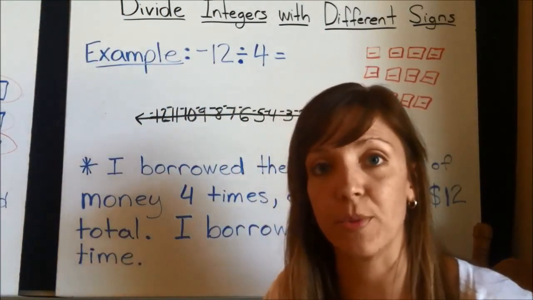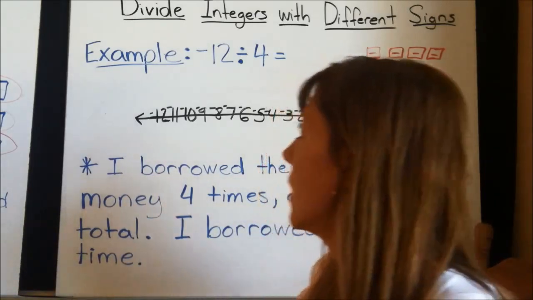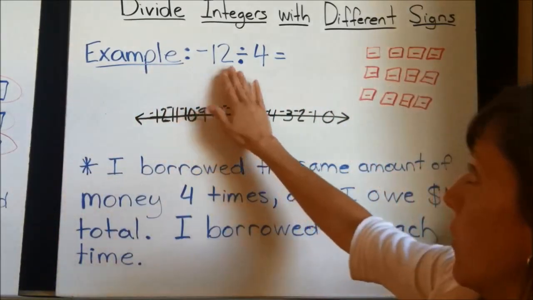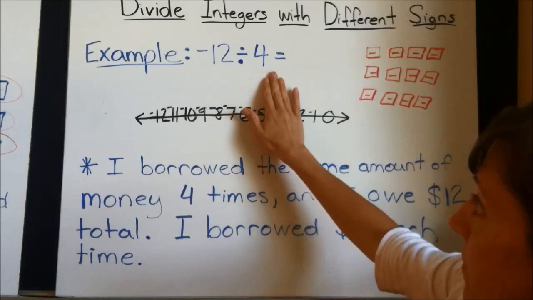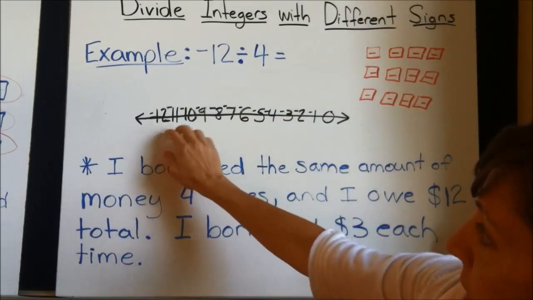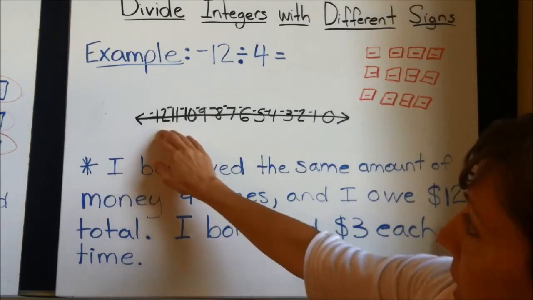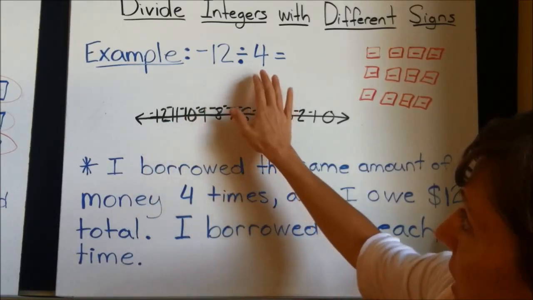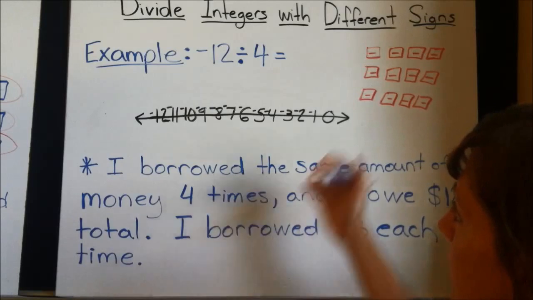When you divide integers with different signs, an example would be negative 12 divided by 4. Okay, so I drew out a number line with negative numbers all the way to 12, and we're going to split these numbers into groups of 4.